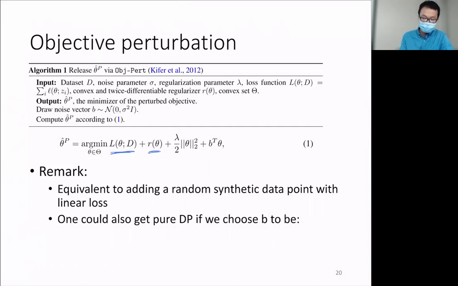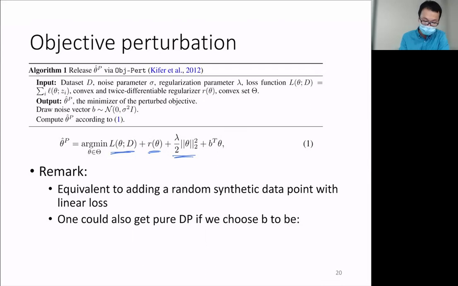And then this is an additional regularization term that we add as before, because it turns out we also need this for objective perturbation. And the idea is that now we are adding just a random noise term to the objective itself, rather than first solving the objective function and then adding noise to the output. That's the reason why it is called objective perturbation.